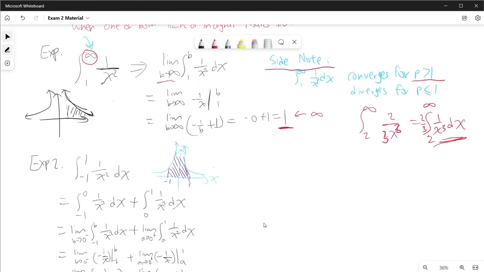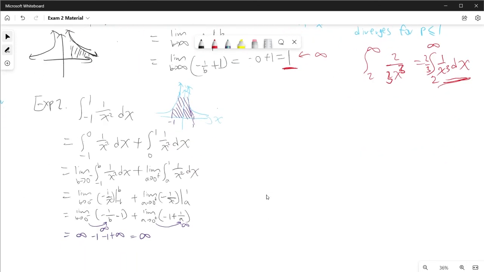All right, and then we can move on to the second example, where the limits of the integral are not infinity, but there's a middle part that is somehow undefined, so we need to use an improper integral, where we use a limit to replace the undefined part.